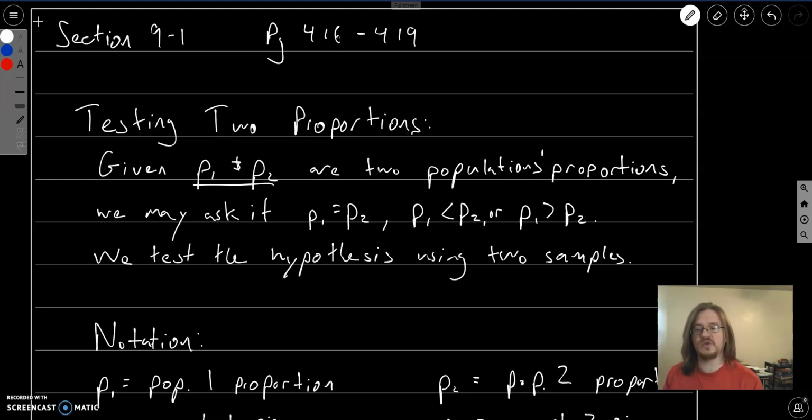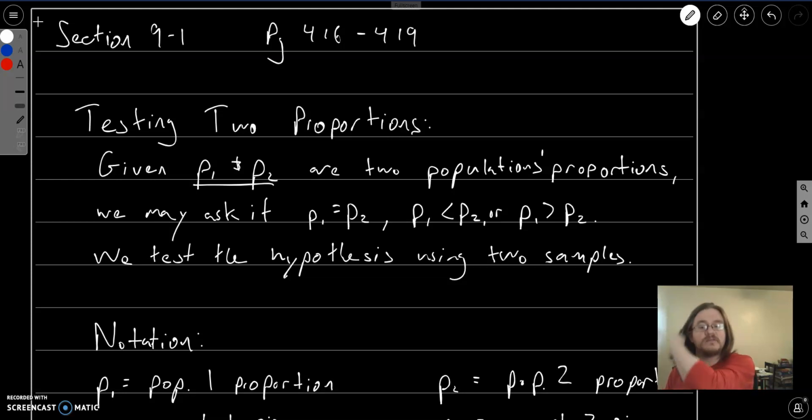So we've got two different populations, and we want to compare some proportions about them. It could be something like men and women in the US, and we want to test if they have the same proportions of prevalence of some disease.